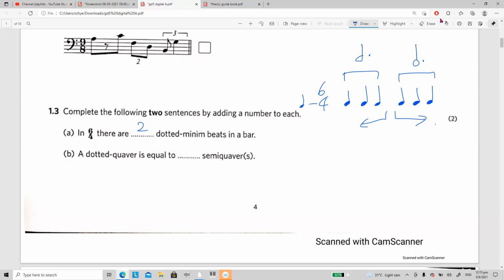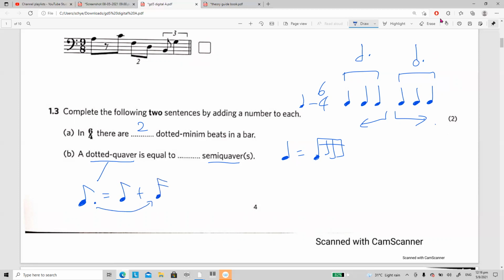Okay, another question: a dotted quaver is equal to how many semiquavers? First you need to know how many semiquavers 1 crotchet has. 1 crotchet has 4 semiquavers. So a dotted quaver is a quaver with a dot. Let's analyze it this way. A dotted quaver is a quaver plus the value of the dot.